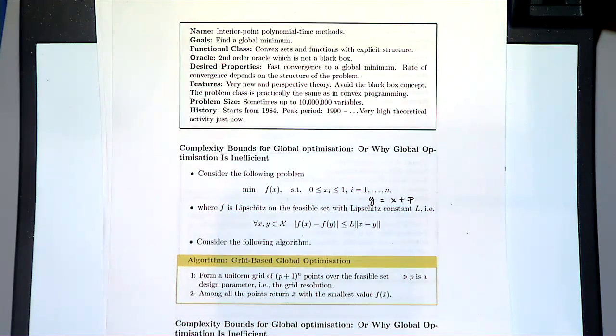If, for example, x is here, I travel in direction p, I end up at y. I can always write y as some displacement with respect to x, so p is y minus x.